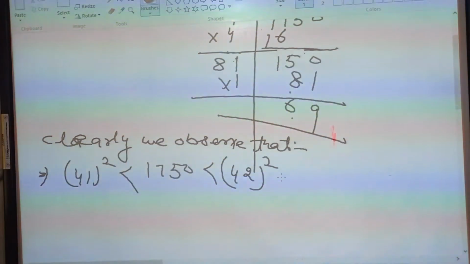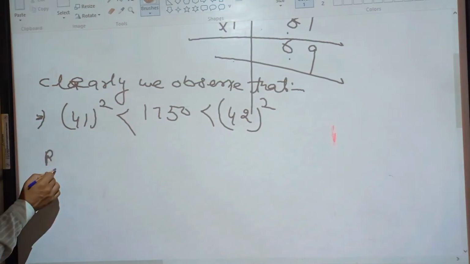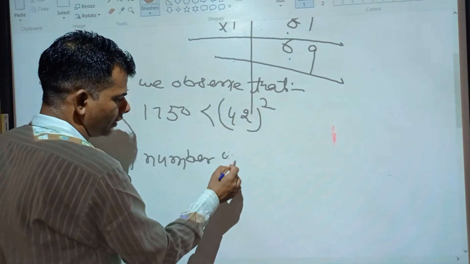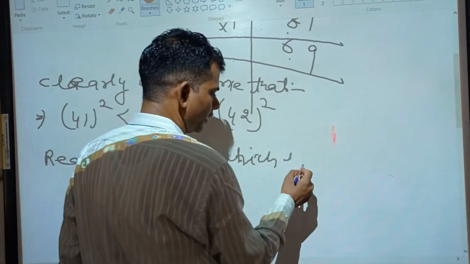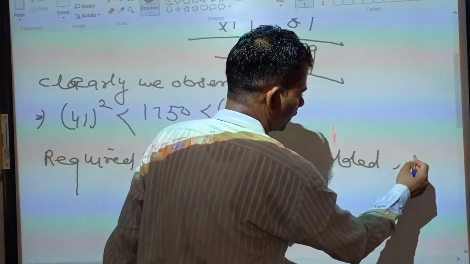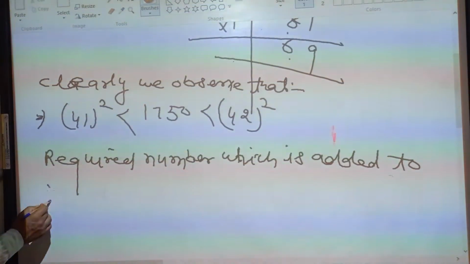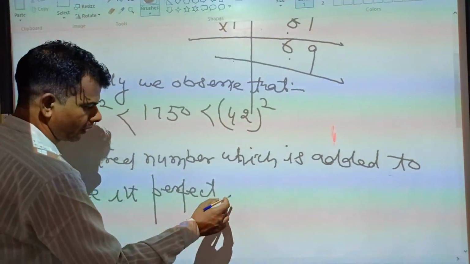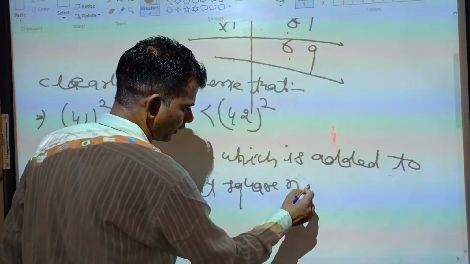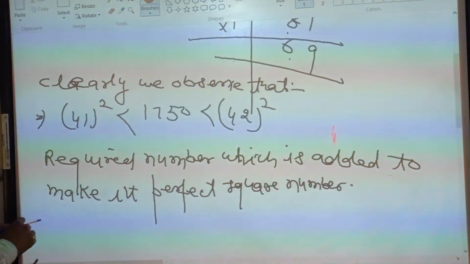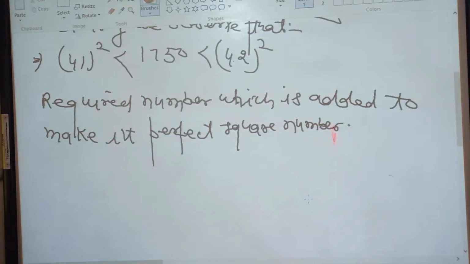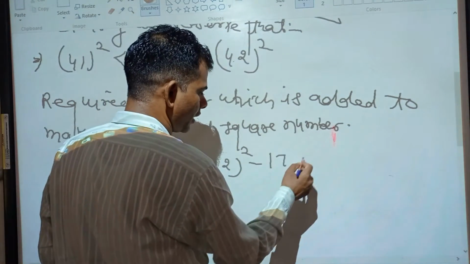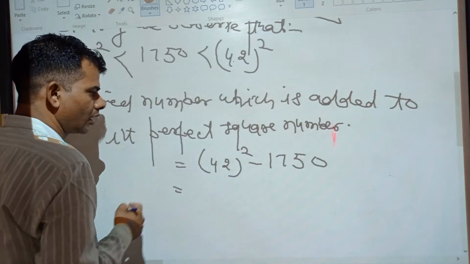The required number which is added to make it a perfect square number is 42 square minus 1750.